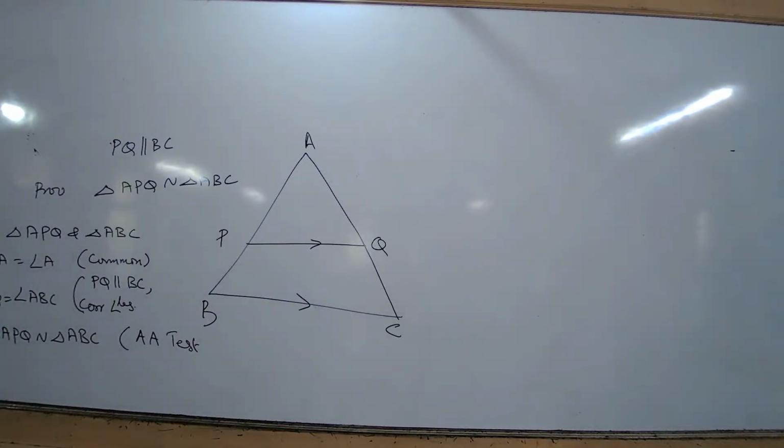Then you write the reason: corresponding sides of similar triangles. That is not asked here. Your question is only to prove the triangles similar. Beyond that, if they ask, then you write. Understood or not?